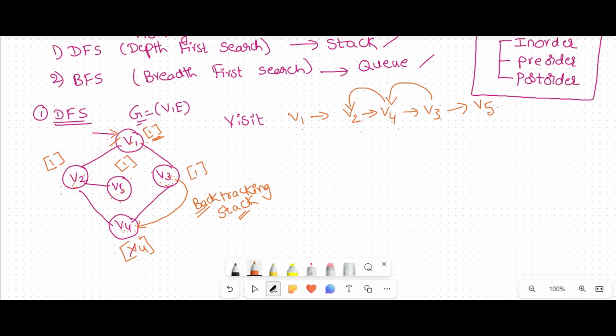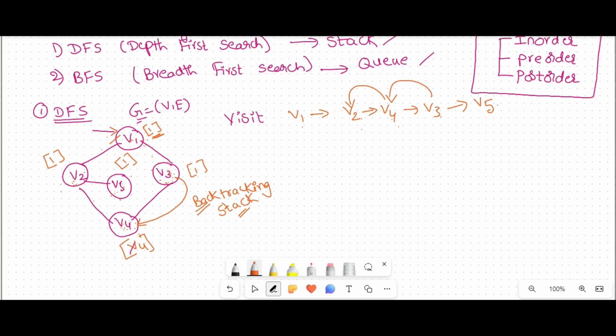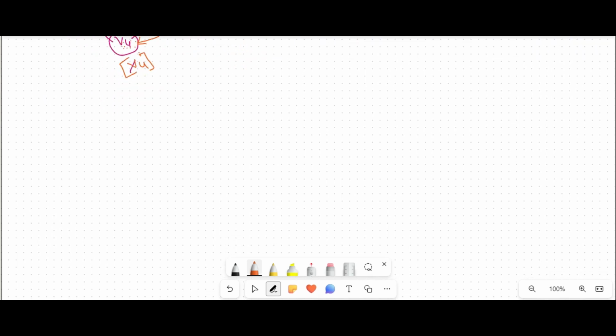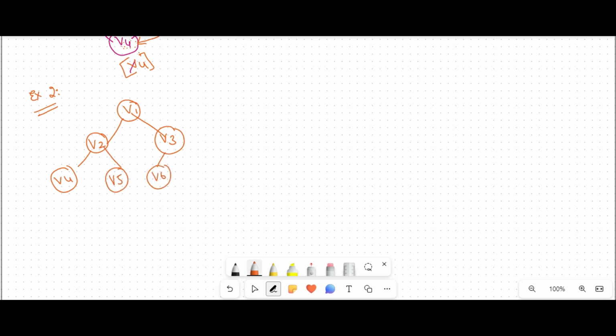In this way you can visit the vertices using the depth first search technique. If you are not clear on the DFS concept, listen to the video again from the beginning. Example 2: take another graph with V1, V2, V3, V4, V5, V6, V7.